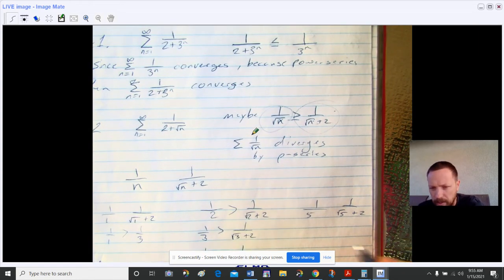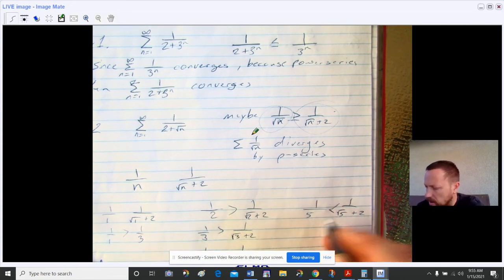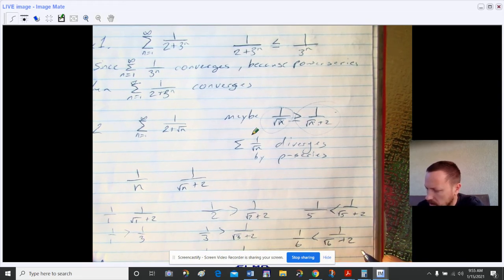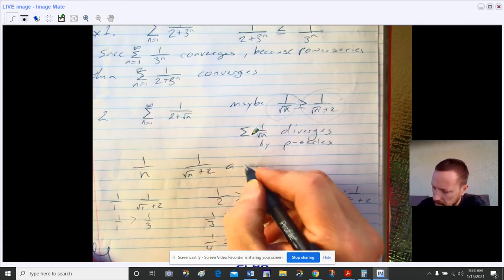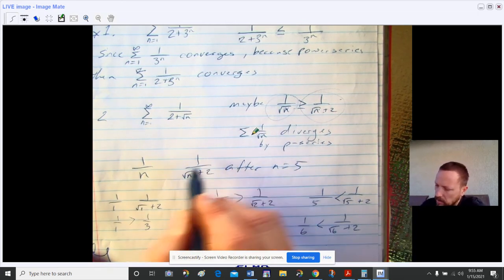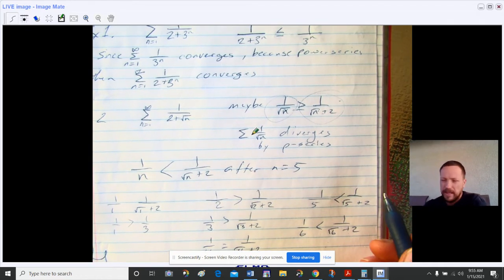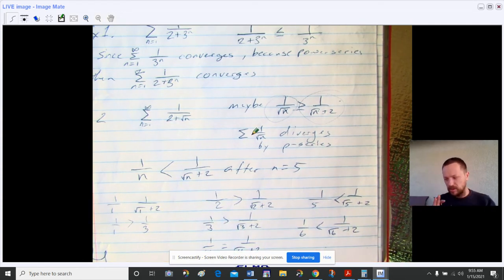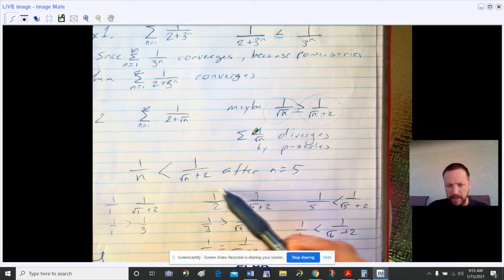Now we're actually getting somewhere because this is greater. And then 1 over 6 and 1 over radical 6 plus 2. Oh yeah, this is definitely greater. So after n equals 5, we know this is going to be true. And it's not the problem about what's going on before that that's really the issue. I mean, for 1, 2, 3, and 4, I can add up these and get a nice number.